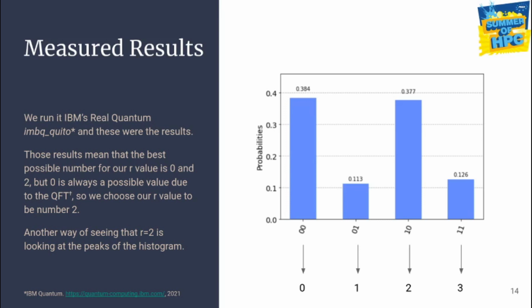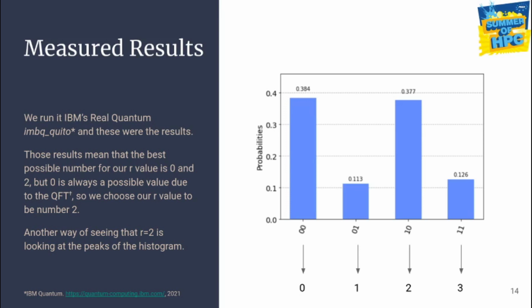We can take this as the period r because the searched period r is calculated as the ratio of the total number of possible outcomes, which in this case is 4, and the smallest non-zero outcome, which in this case is 2. Also, the period r can be determined as the number of peaks of the probability histogram, which, as can be seen, is again the number 2.